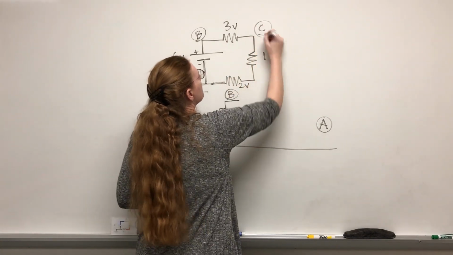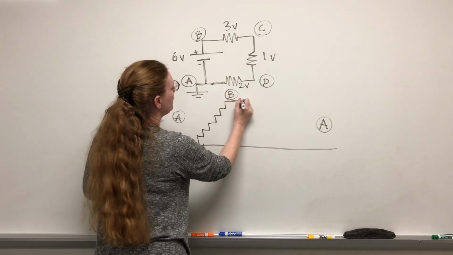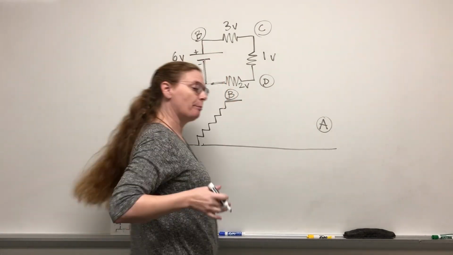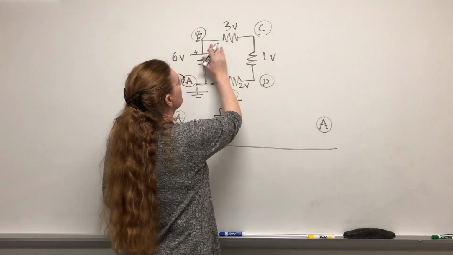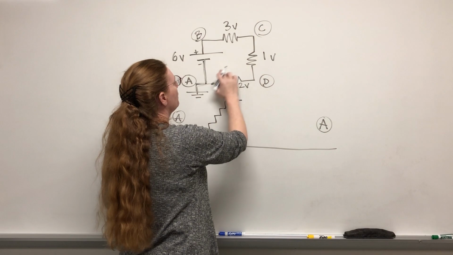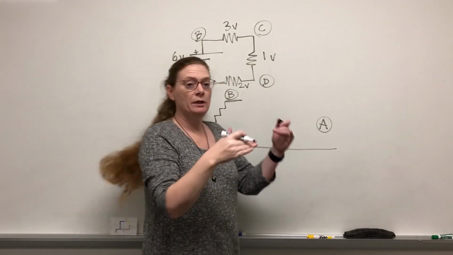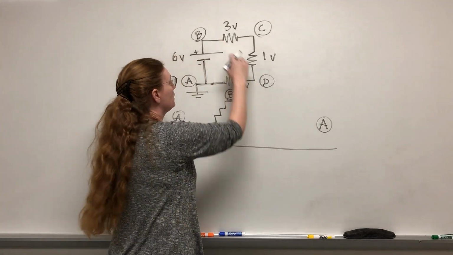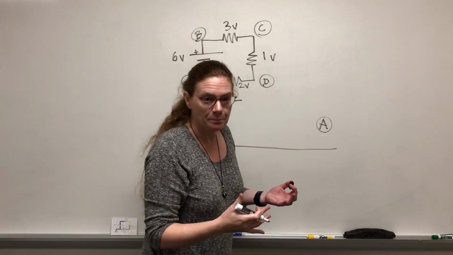Here's point C, here's point D, and then we're going to get back to A. We're at very high potential at point B because the battery's pushing us up higher. As we go across the first, the second, and the third resistor, we have to decrease our potential. If we're 6 steps up, we have to drop 6 steps.